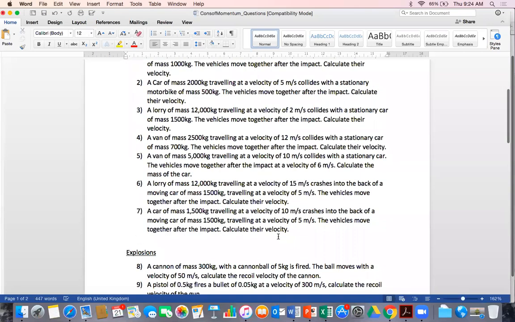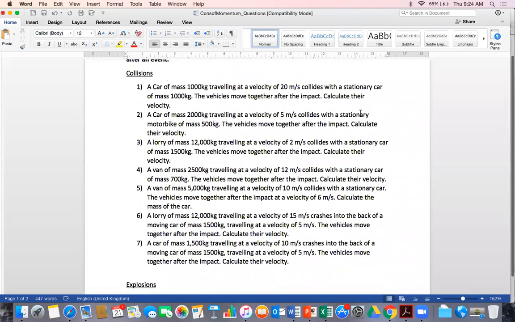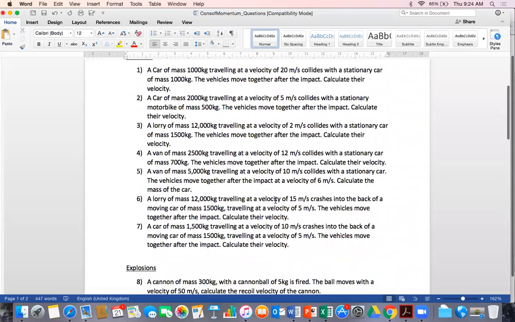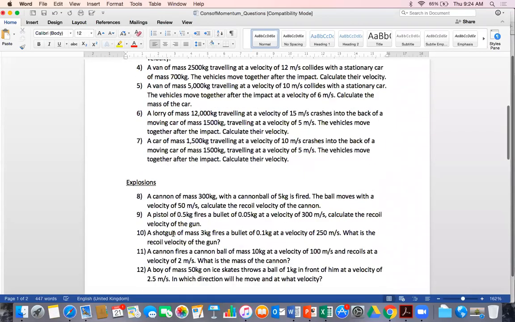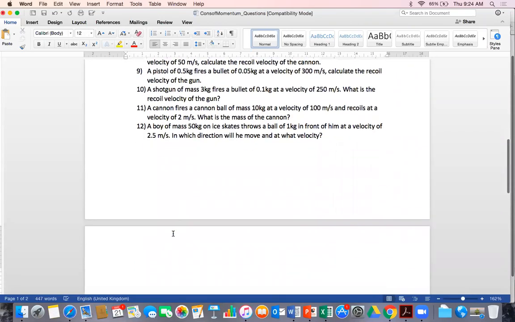Sometimes it's the velocity that they're asking for. In this case, I have stationary car, stationary motorbike, this one also stationary. This one is moving. Okay, if there's no other questions, then we will look at a past year paper.